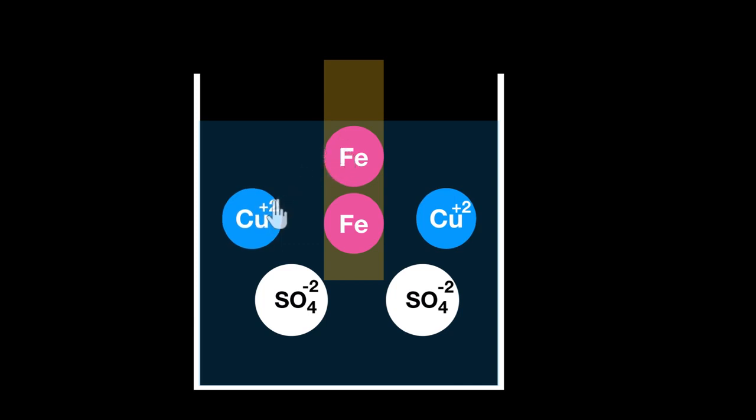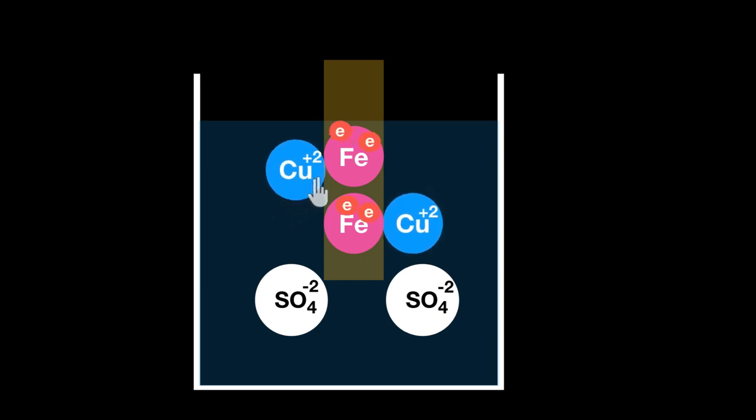So iron atoms will lose electrons, and copper ions will accept these electrons and become neutral atoms. Similarly over here, iron will lose electrons and copper will take in electrons. These copper atoms are going to stick to this iron rod. Now this iron atom that has lost 2 electrons is going to become positively charged.